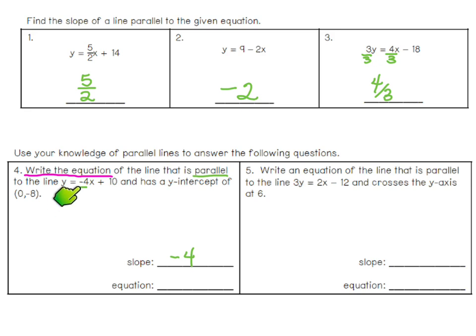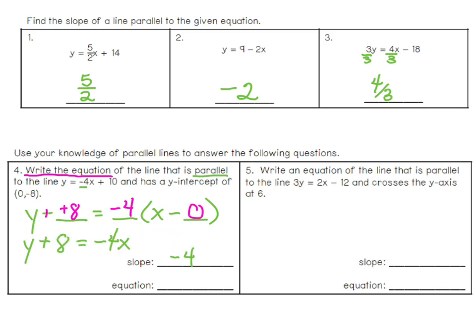We want to write another line that has a slope of -4 but goes through 0, -8. Okay, so this is a totally different line. So we know that the second box will be a -4. Y goes with Y, -8, and 0 goes with X. And then we just clean it up, move the 8, and we have our equation Y equals -4x minus 8.